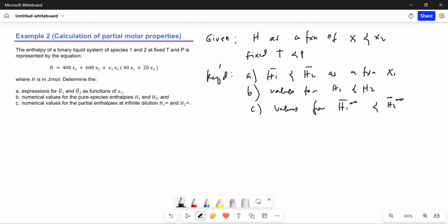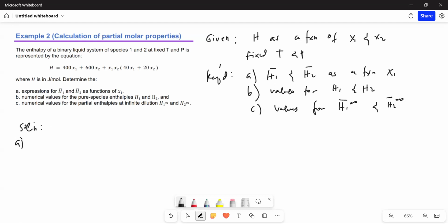Okay, we begin the solution by first deriving expressions for the partial properties as a function of x1.